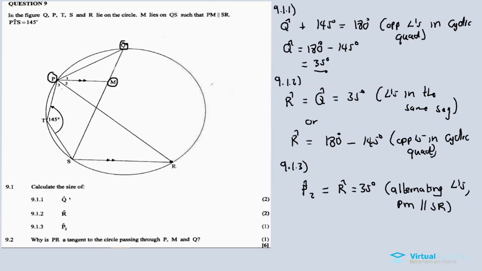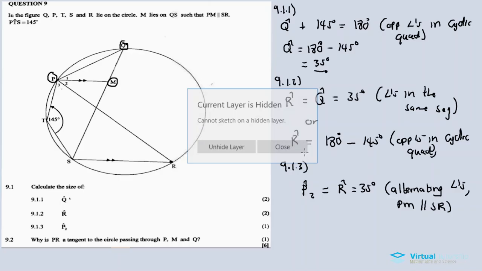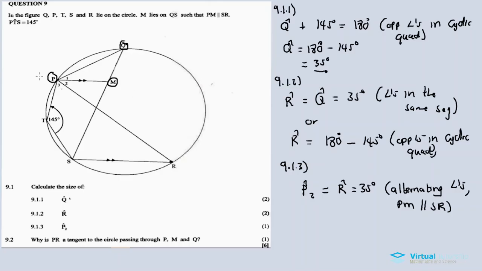Now all my points: P, M, and Q. Why is PR a tangent to the circle passing through them? Okay, imagine P, M, and Q forming a circle like this one. Boom.